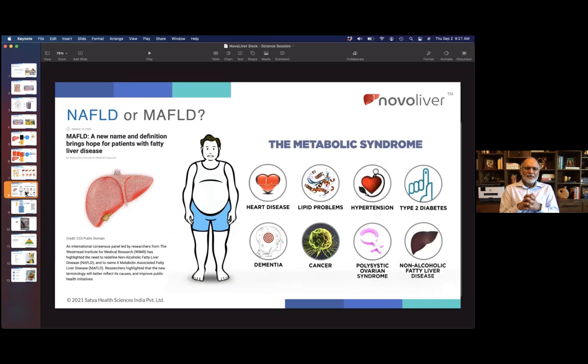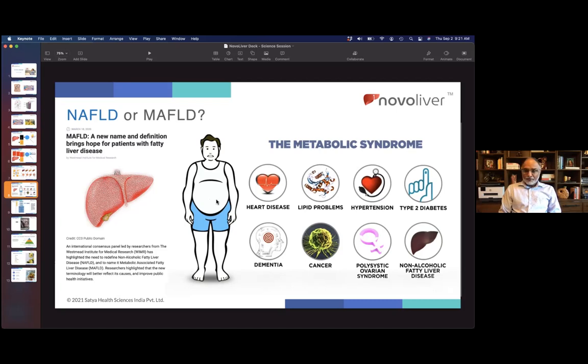But people ask, how does it happen in somebody who is not necessarily very obese or doesn't have very high elevated liver tests? Why do you insist on calling it fatty liver disease? Could it be because it's really part of an overall syndrome, not just fatty liver in isolation, but part of a metabolic syndrome that's induced by obesity?